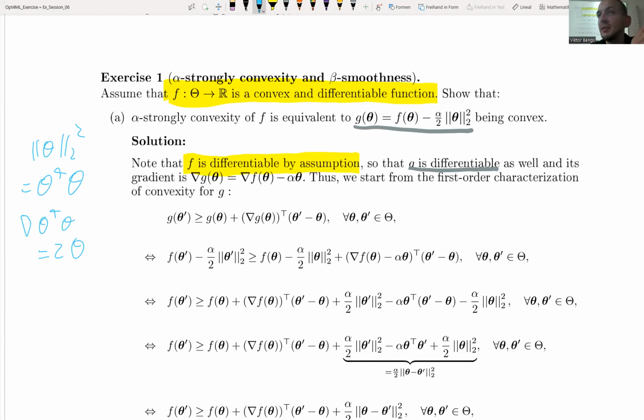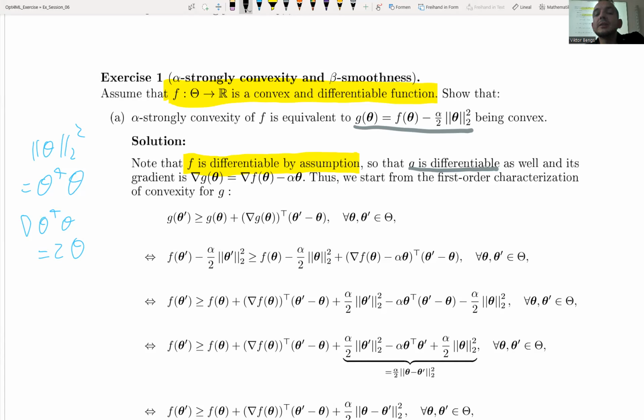So the multivariate extension, so to speak, of the quadratic function. And the 2 in the denominator and the 2 from the gradient cancel out, so we are left with the alpha. All right, so g is differentiable and the gradient is given by that.